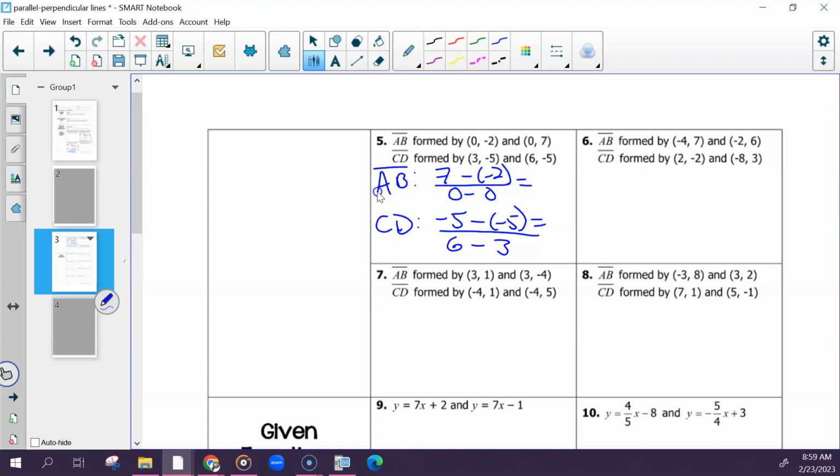Before, you tell me what the actual slope is. What would this simplify to be? For AB, 7 plus 2, which would be 9 over 0. What would this bottom simplify to be?